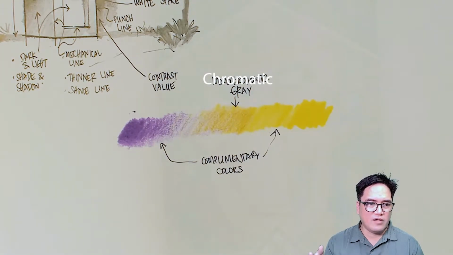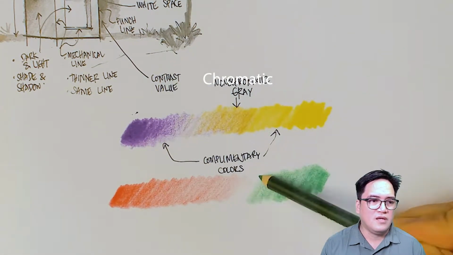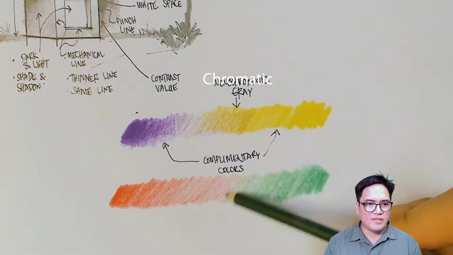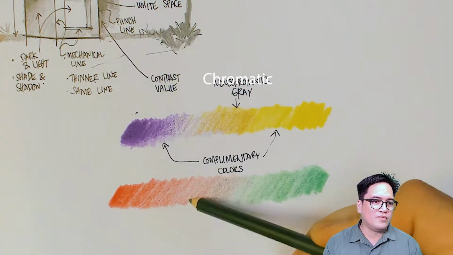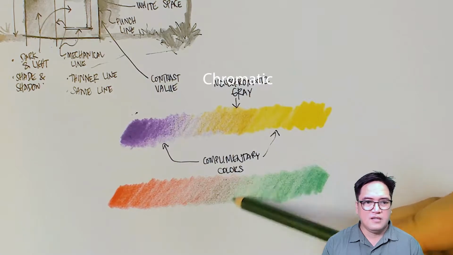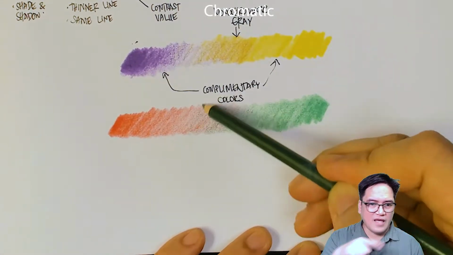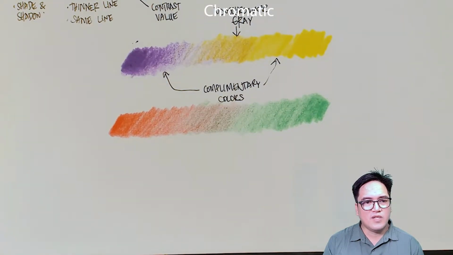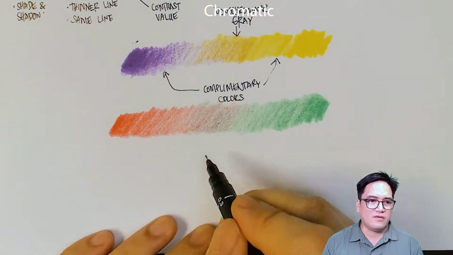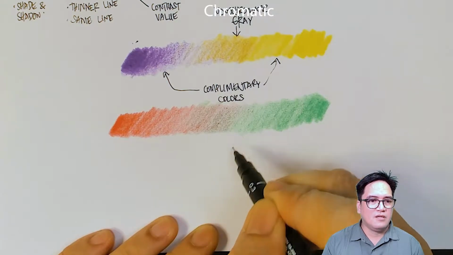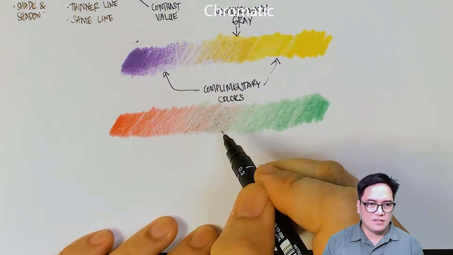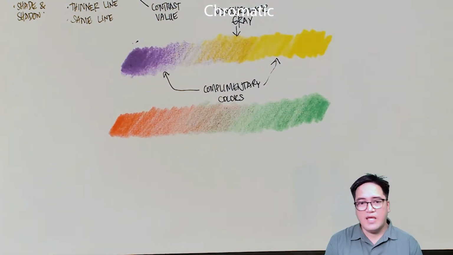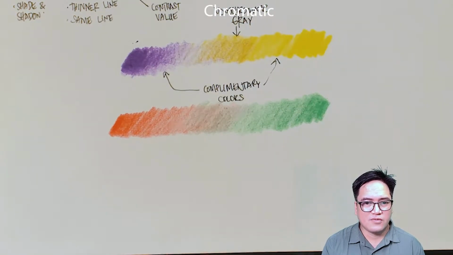The yellow is a primary color and the secondary color is violet, which are opposites. Another example would be red, and opposite of that on the color wheel is green. When you blend these two opposite colors together, they will produce this gray.